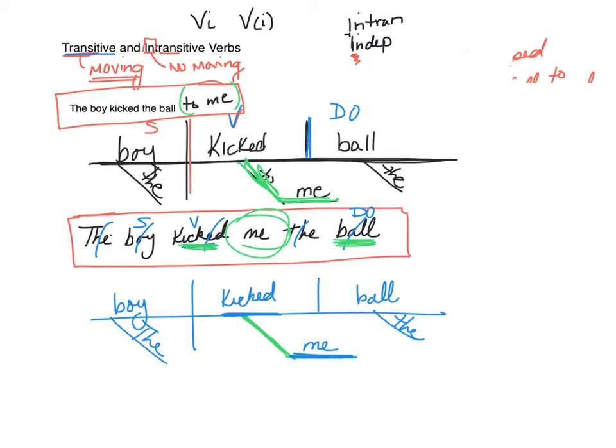So, wow, can I just have a blank line here? That looks really, really weird. Originally, this sentence here was this sentence. Originally in English, we put everything into prepositional phrases.